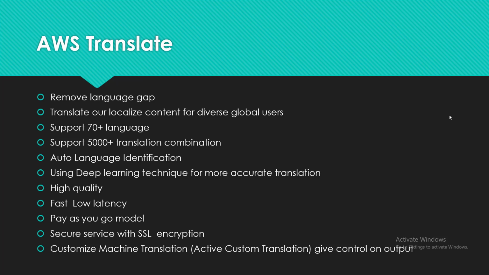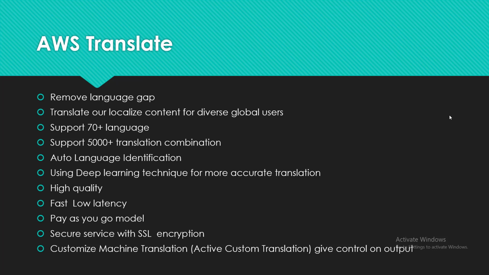The best part is that sometimes you don't know the source language, so it would auto detect. And for the auto detect, Amazon is using another service called Amazon Comprehend. We will discuss it in our next series when we discuss another service.